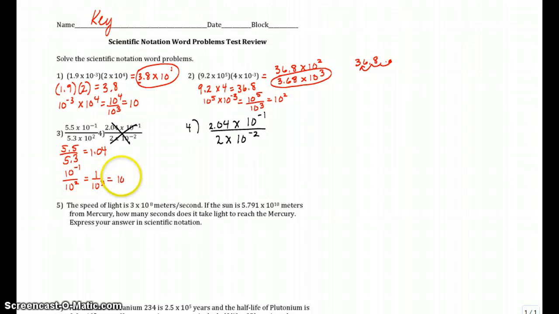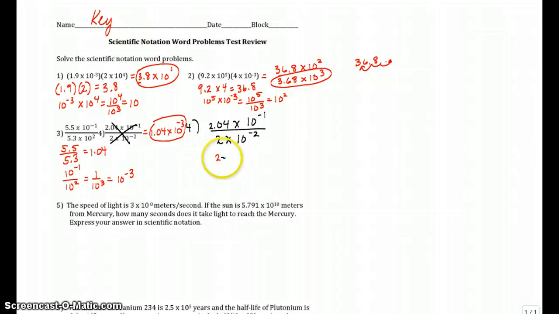But in scientific notation, we use negative exponents. 1 over 10 to the third is equivalent to 10 to the negative 3. So it's going to equal 1.04 times 10 to the negative third. Again, it's only with scientific notation that we use negative exponents. Otherwise, you're required to write them with positive exponents.